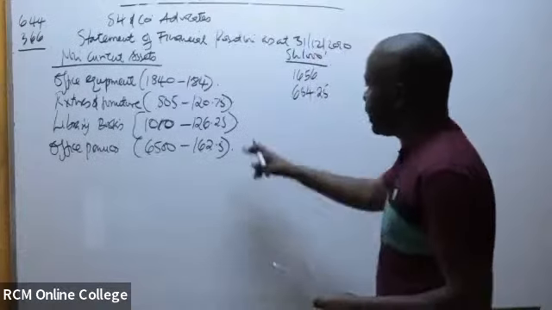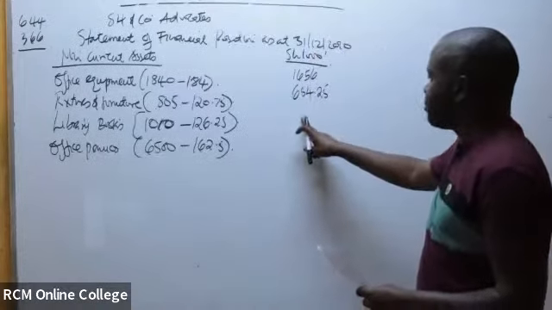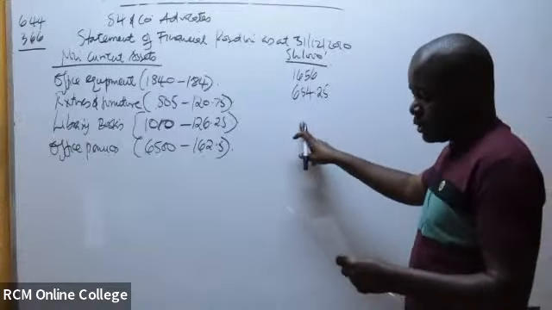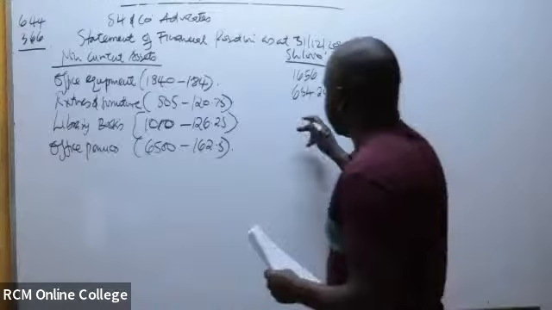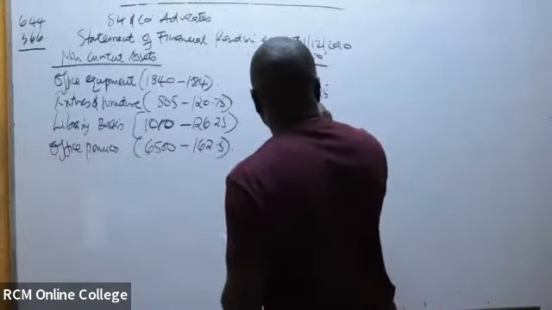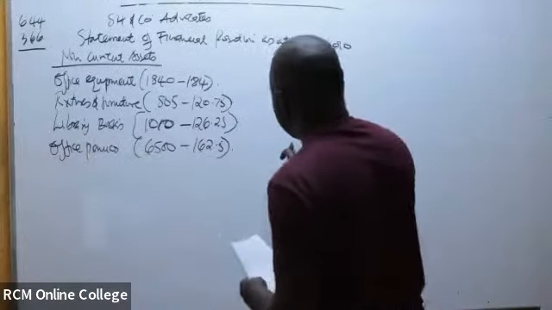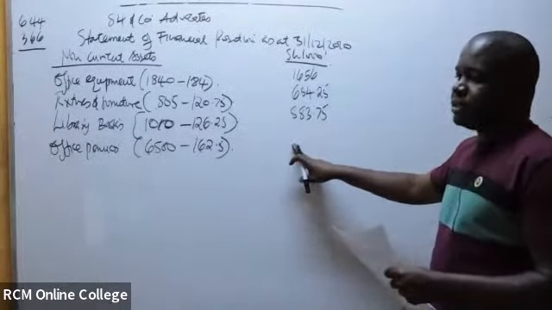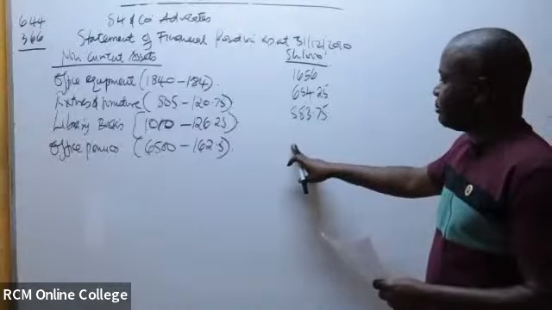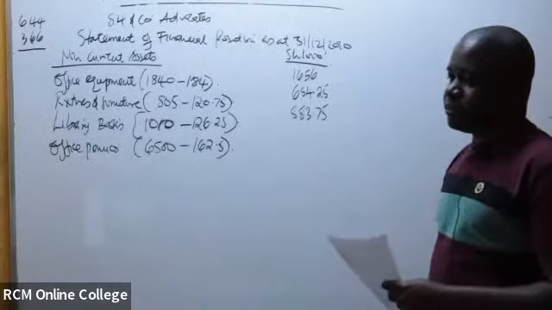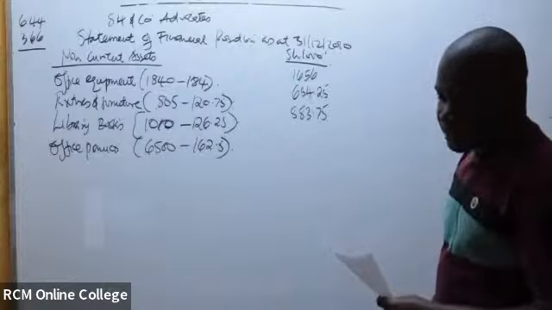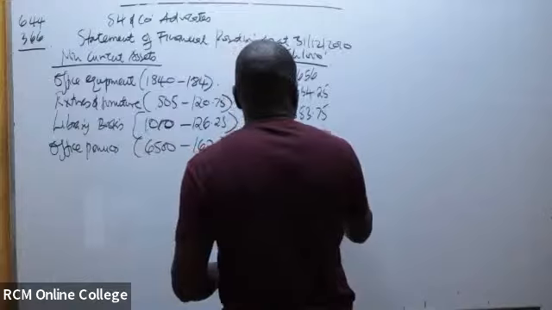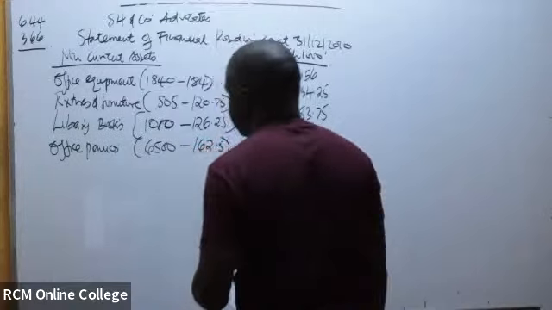Nekesa, for library books. 883.75. Hope you people are giving me correct figures. Then give me for office premises. Beatrice, office premises. 633.75.